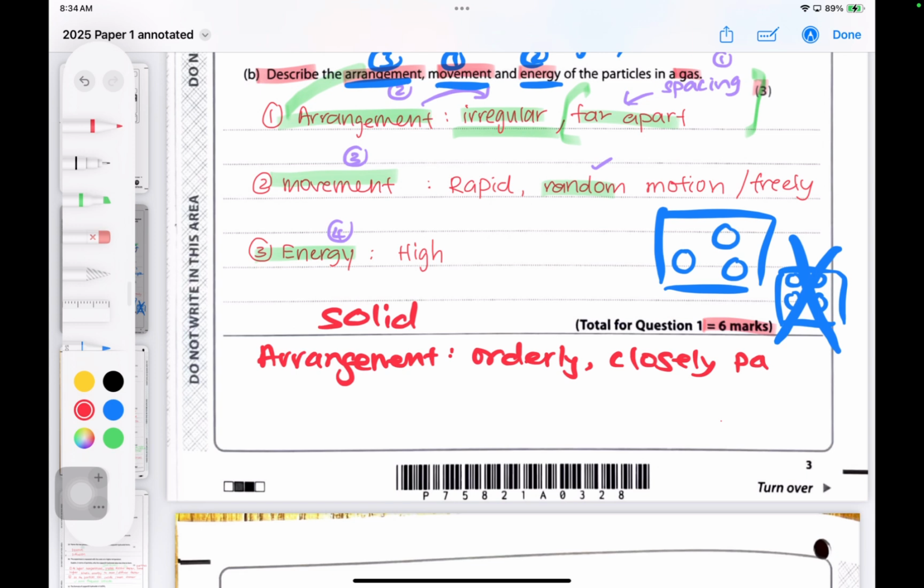Okay, so if you were given an opportunity to draw, then what you want to do is make sure that the particles are touching one another, closely, orderly packed. And one thing about drawing here is you should draw at least 3 rows, occupying at least 3/4 of the box if possible. I would say I've got too much space over here. You should make sure that the solid particles are really touching.